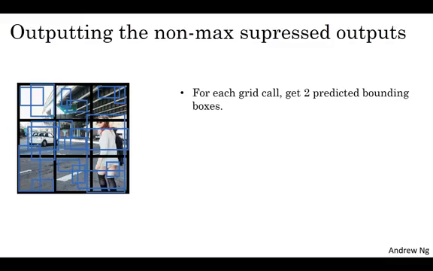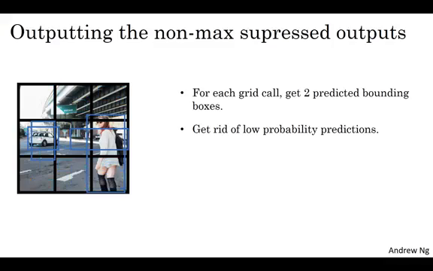So let's say those are the bounding boxes you get. And notice that some of the bounding boxes can go outside the height and width of the grid cell that it came from. Next, you get rid of the low probability predictions. So get rid of the ones where even the neural network says, gee, this object probably isn't there. So get rid of those.